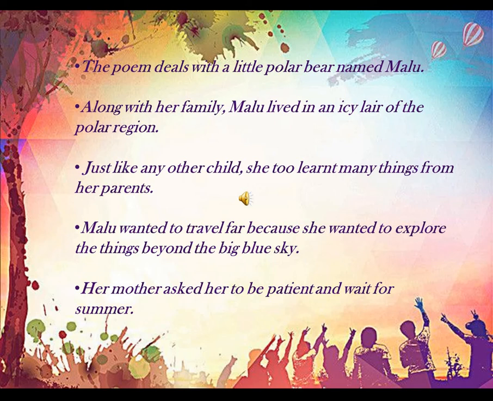Just like any other child, she too learned many things from her parents, like catching fish. Malu wanted to travel far because she wanted to explore the things that lie beyond the big blue sky. Yes, and finally we discussed that her mother asked her to be patient and wait for summer. And as a response to this, what did we see? That Malu is quite restless.